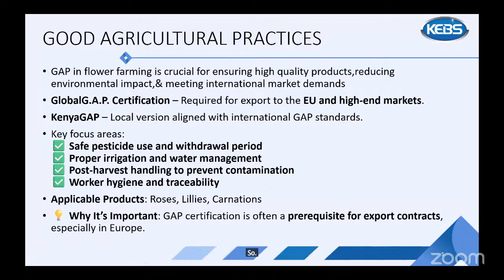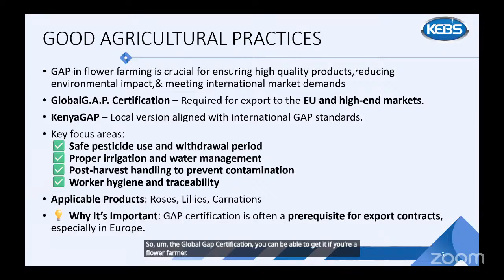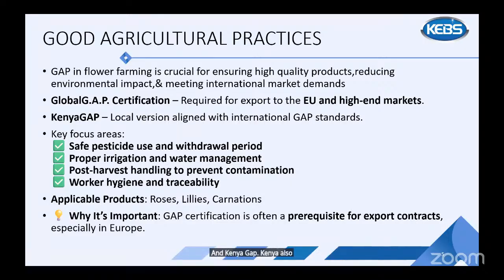So the GlobalGAP certification, you can get it if you're a flower farmer. You find that it may also be required for export to the EU market and also high-end markets. And Kenya also has a GAP that is aligned with these international standards.